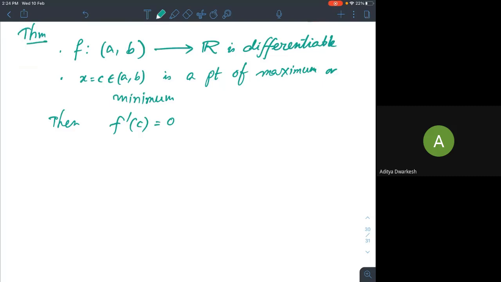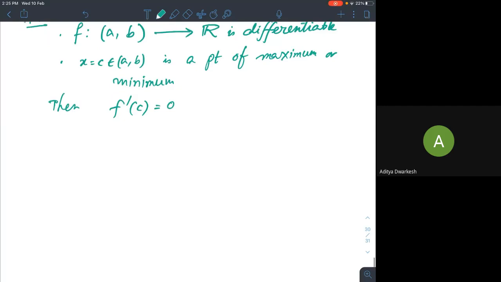Let us see an interesting application of this one, which you already know: Rolle's theorem.